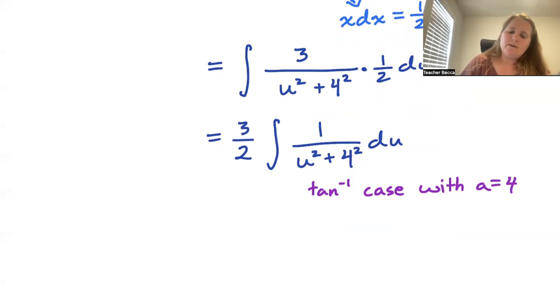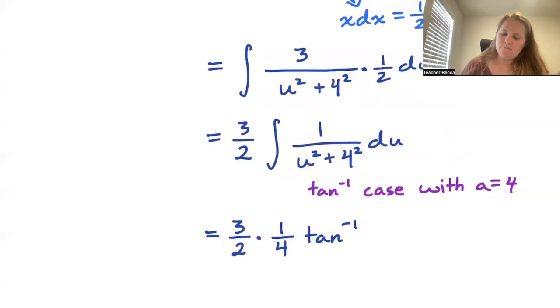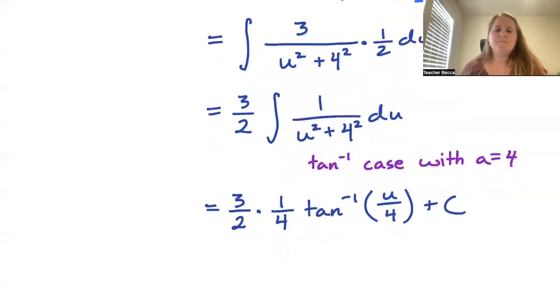And so we wind up getting that this is 3/2 times 1/4 times tan inverse of u over 4 plus c.